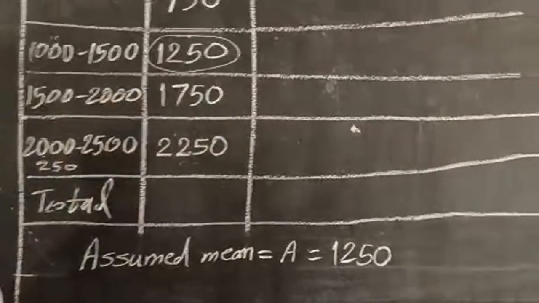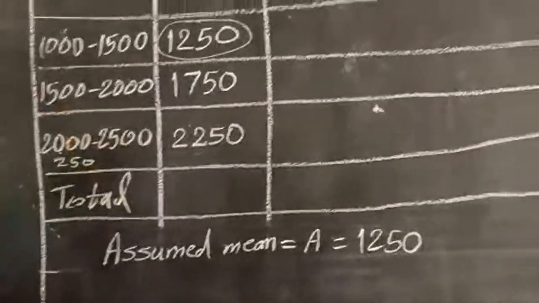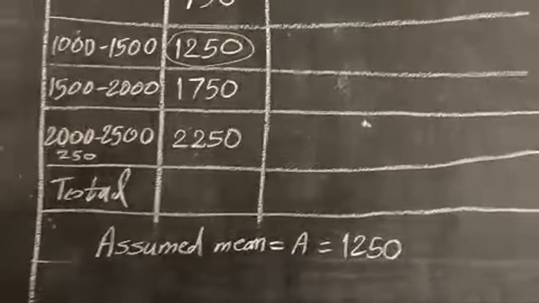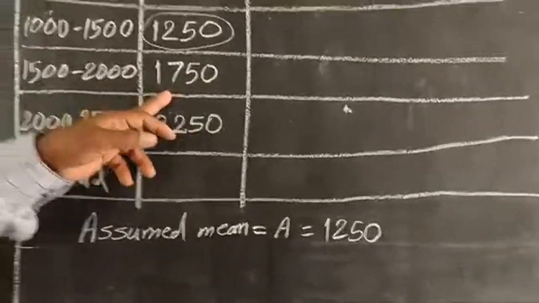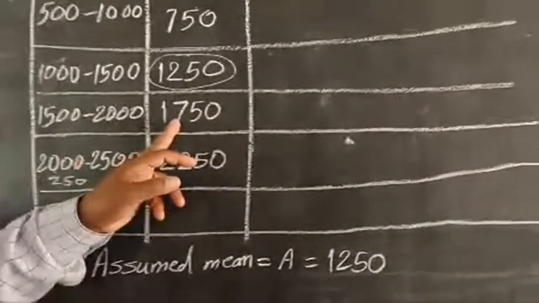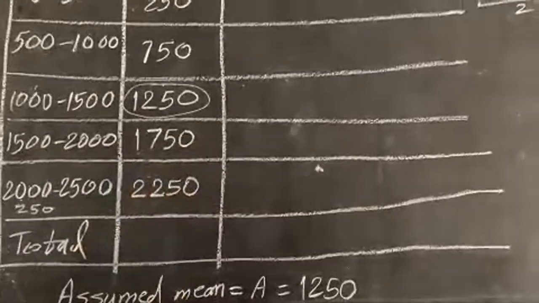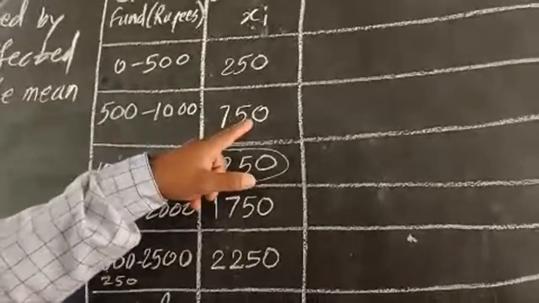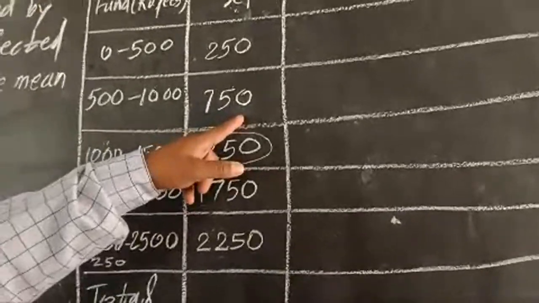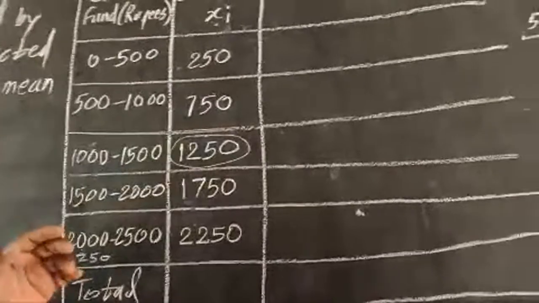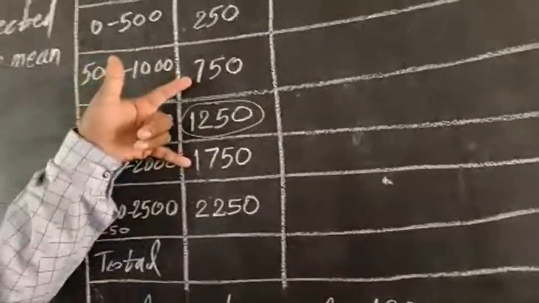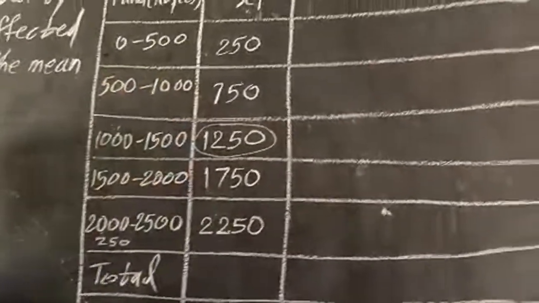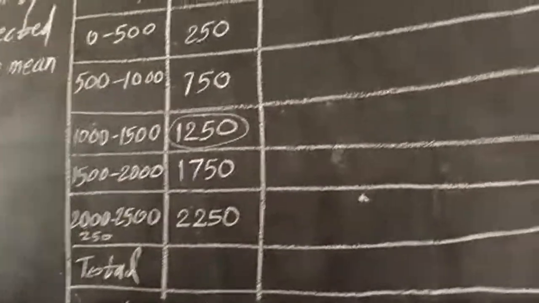Another student takes assumed mean 750. Both students take different values and check whether the answer is the same or different.